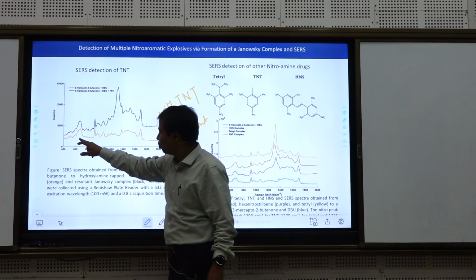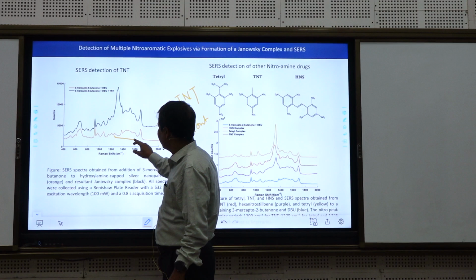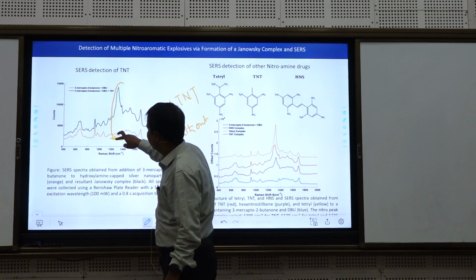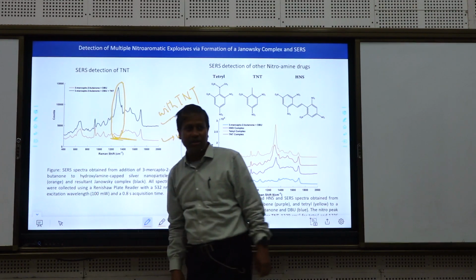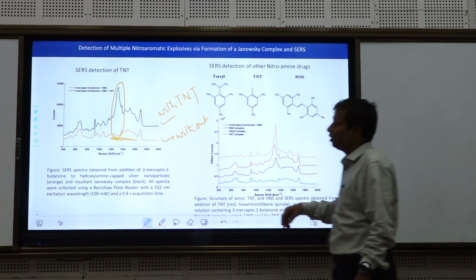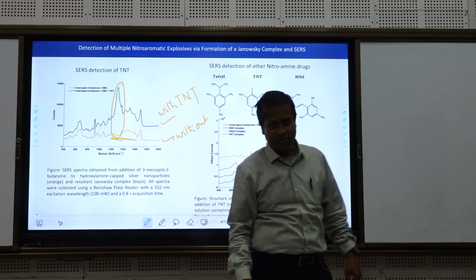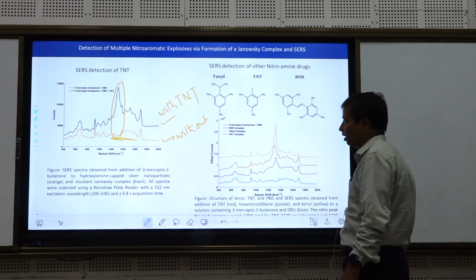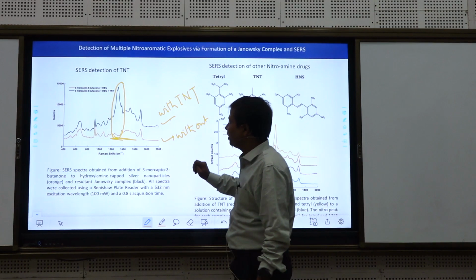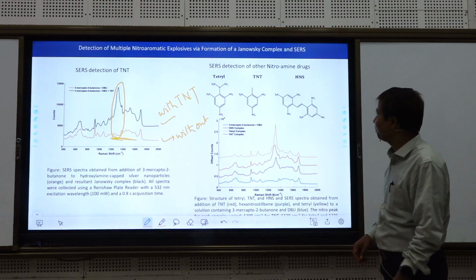See, this area is more or less the same, this is more or less the same, but this area is clearly distinct. This peak clearly says that you have TNT as a material. So this is one example of detecting TNT with very high accuracy.